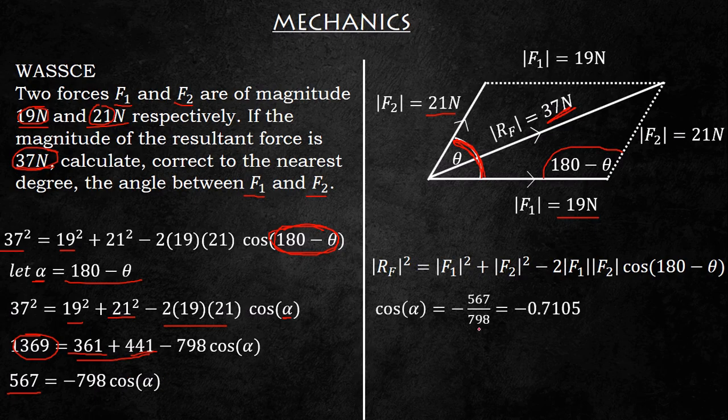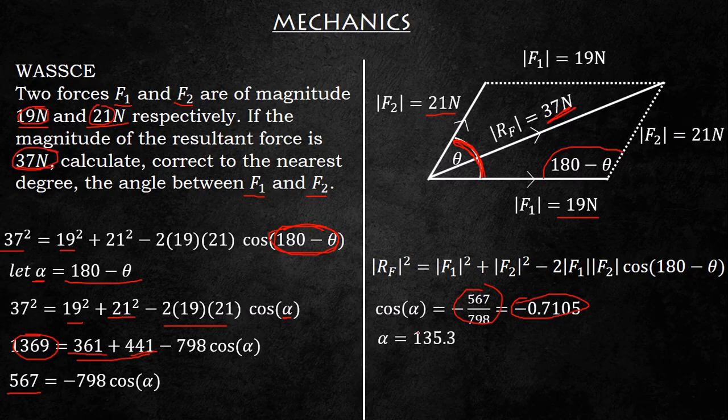Now I divide through, so cos alpha is equal to 567 divided by negative 798. When I punch this on the calculator, I get the decimal to be negative 0.7105.